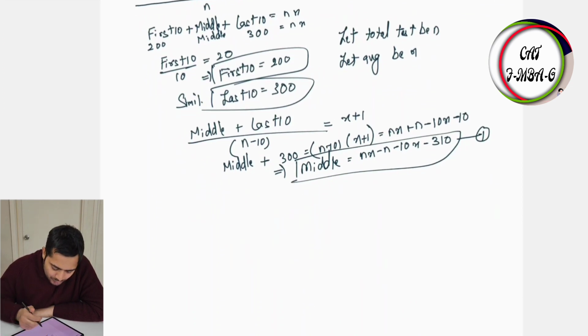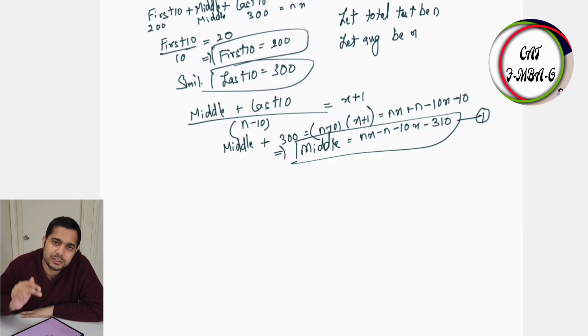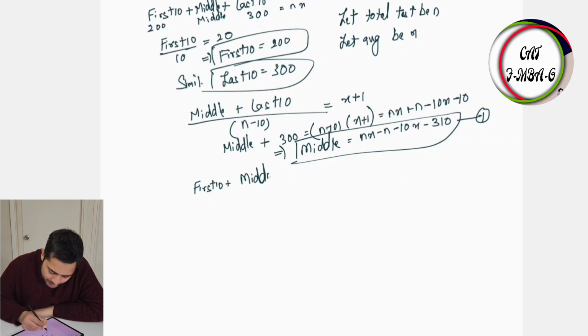It is given that if the last 10 tests are not included, then the average is decreased by 1. So first 10 plus middle divided by, again, total number of tests is n minus 10, and the average is decreased by 1. The first 10 is 200.